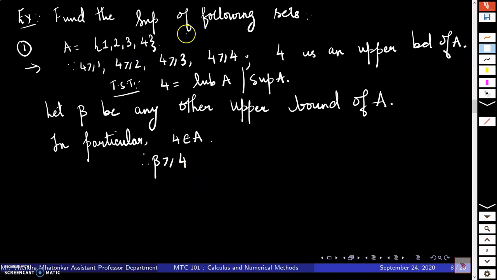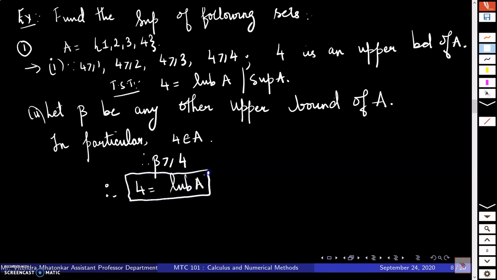That means what we have shown here: 4 is an upper bound, first step. Second, if beta is any other upper bound of A, then beta is greater than or equal to 4. So finally, we have shown that 4 is the least upper bound of A, or the supremum of the set A. Okay, because the supremum 4 was in A and A was a finite set, it was very simple. It's a trivial case.